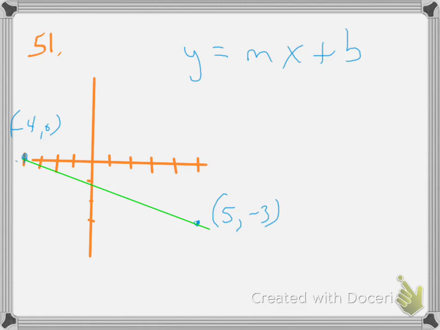I'm going to start from -4, 0, and I always like to do the up or down part. Let's go down. 1, 2, 3. So it's down 3, known as -3, and over 1, 2, 3, 4 to get to the y-axis. 5, 6, 7, 8, 9, and there it is.